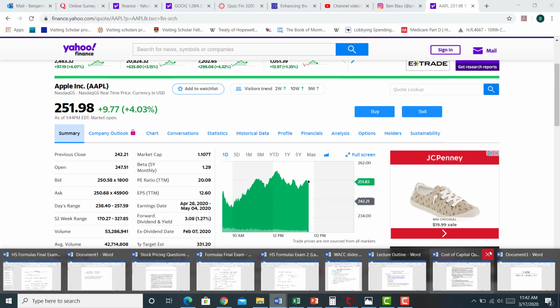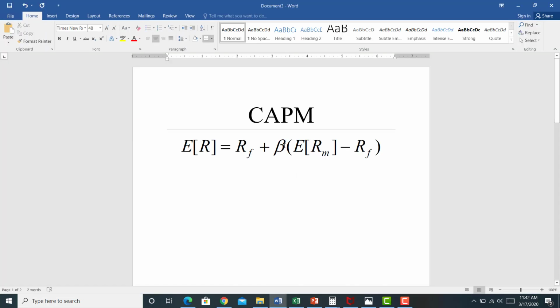So if I go back here to this formula, the only thing that matters in determining the expected return for a particular stock is the firm's exposure to market-wide risk. Apple's beta is 1.29, right? I would multiply that by the expected return on the market over the risk-free rate.